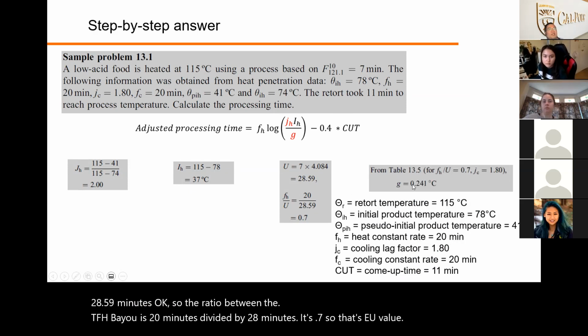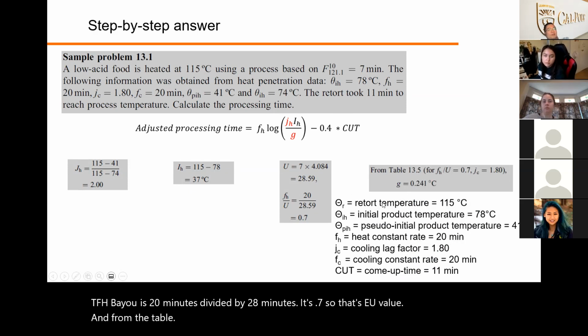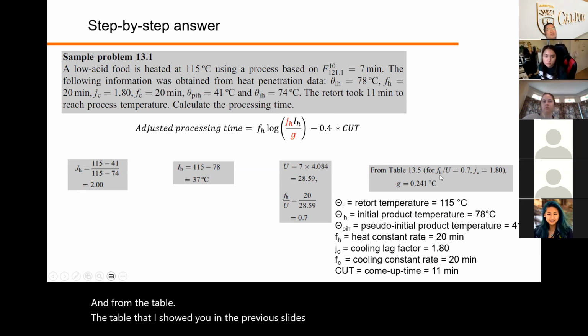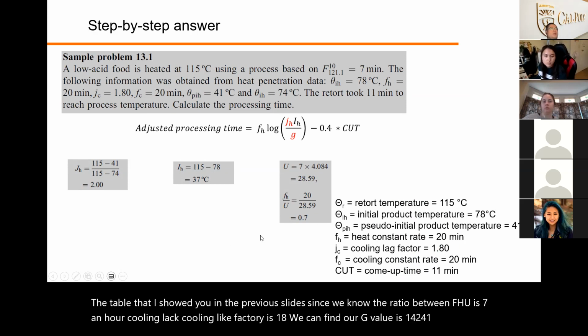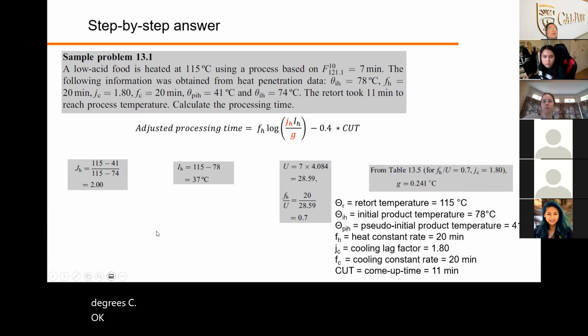Okay, and from the table that I showed you in the previous slides, since we know the ratio between FH and U is 0.7 and our cooling lag factor is 1.8, we can find our G value is 0.241 degrees C. Okay, so remember 0.7 and the 1.8.